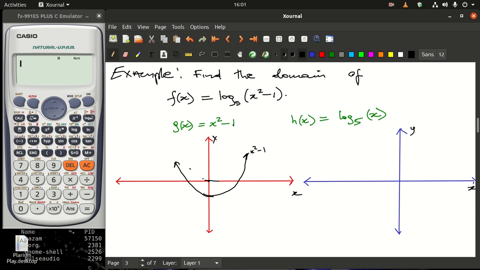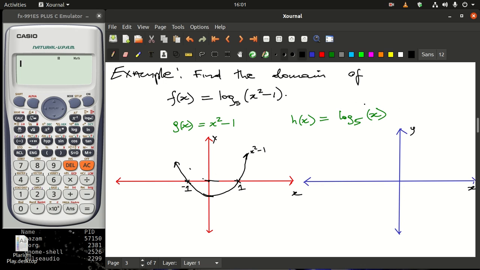So if I'm plugging in a 1 here, I will get 1 squared is 1, 1 minus 1 is 0. So 1 is one of the solutions. So this point is 1. And if I'm plugging in minus 1 here, which is also another factor of 1, you can see that minus 1 squared is 1 and 1 minus 1 is 0. So we'll also get another point there. So this one is just like that.